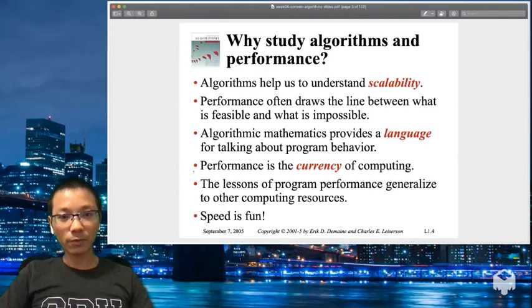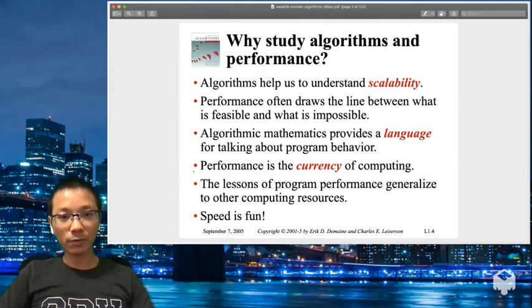It's a little bit of a deviation from a very practice-oriented approach, for a couple of weeks, for the first half of this course. We're talking a little bit about the theory, and specifically the mathematics behind algorithms, to analyze how this program is going to behave as the input size grows.